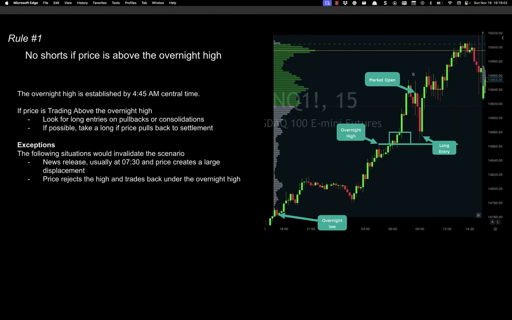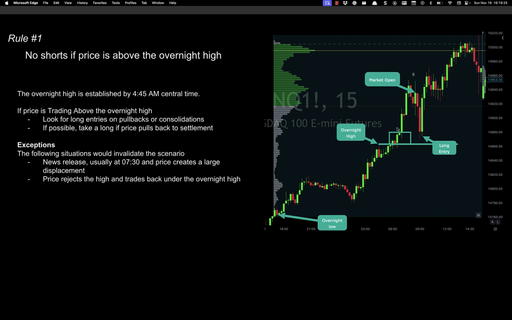Rule number one, no shorts if the price is trading above the overnight high. So in this example, the overnight high was established down here at almost the beginning of the session, even before 6 o'clock actually. And it traded, and then we have the overnight high established at 4:45. We got a little red candle right here.